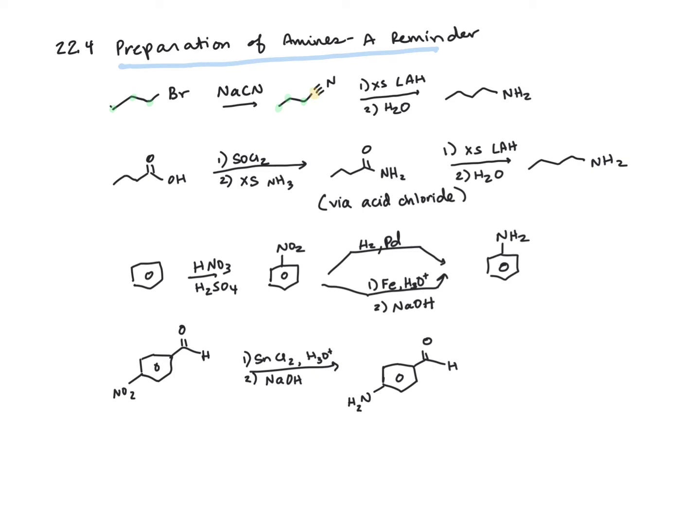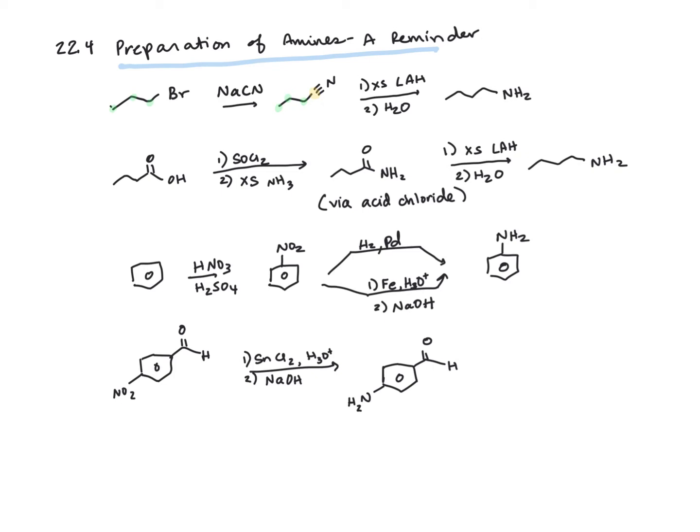Then in our next step, we're adding excess lithium aluminum hydride followed by water to reduce that nitrile into an amine. Then with the carboxylic acid, we can use SOCl2, and that forms the acid chloride.